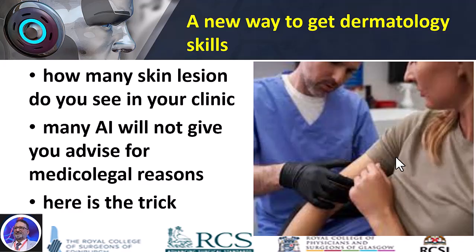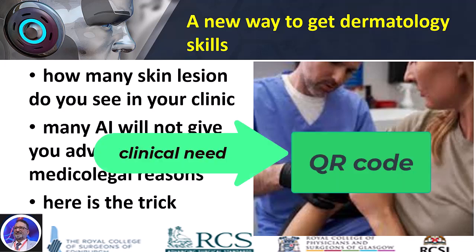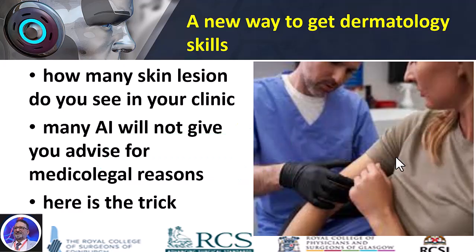If it is vascular surgery, then they can go and ask a dermatologist. But here I will give you a trick, which is a QR code that if you just scan it with your mobile, get a picture of the skin lesion, put a little bit of history to it, then you will get an immediate dermatological advice on what to do and what the differential diagnosis is.